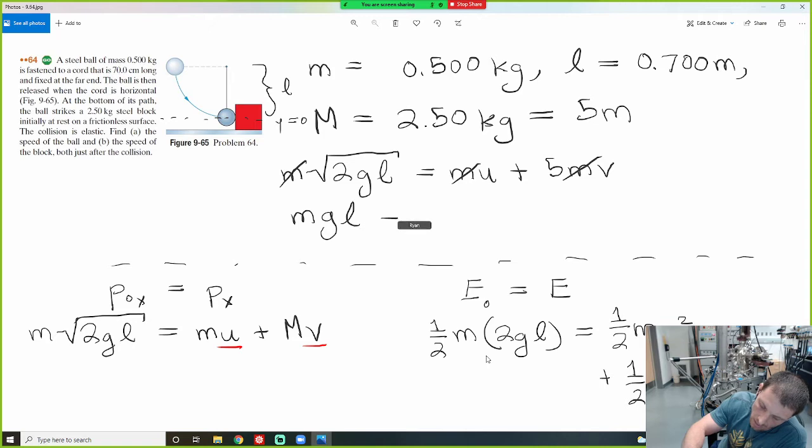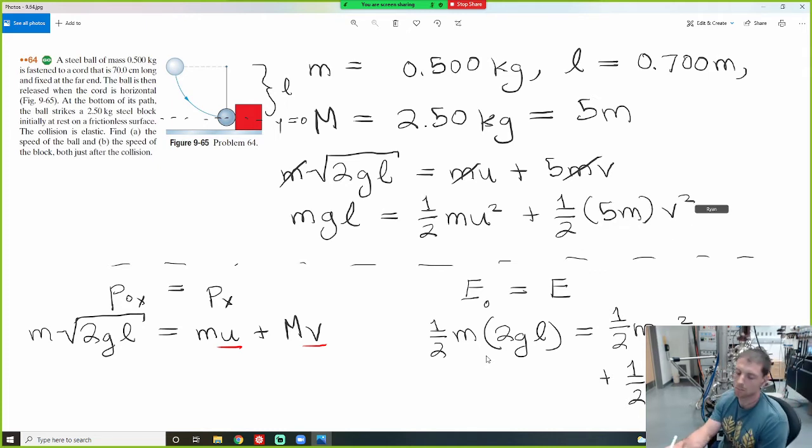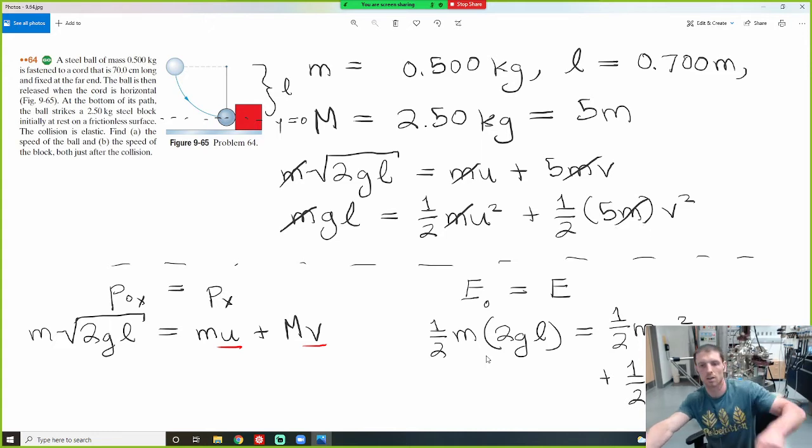And then we have 1/2 m u squared plus 1/2 5m now v squared. Because again, the mass of the block is 5 times the mass of the ball. And so we can go ahead and cancel the mass from this equation as well. And at this point, what I would like to do, I think, is just solve this in Mathematica.